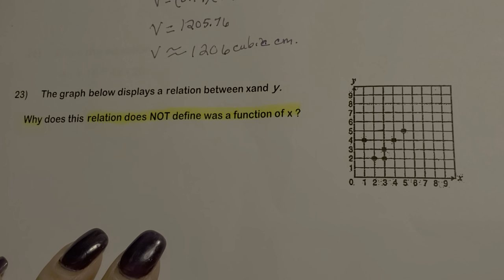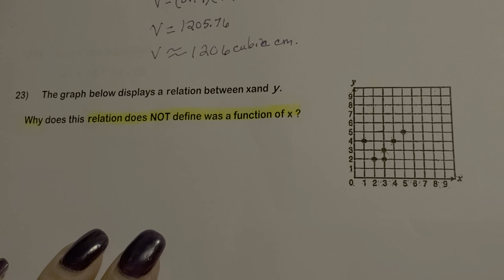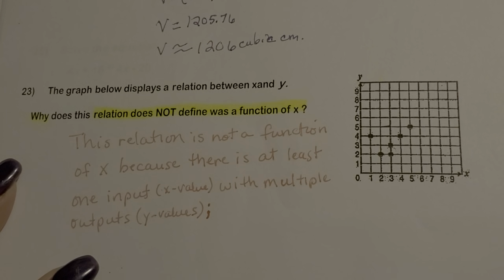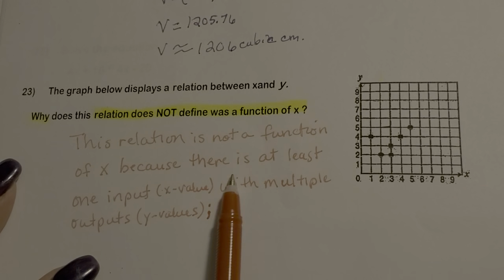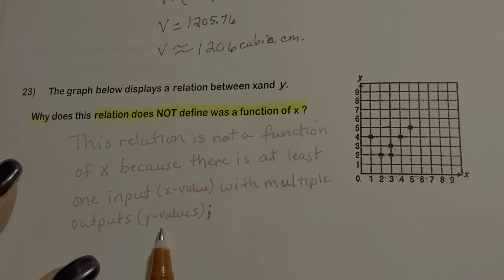This shows us a graph with the display of a relation between x and y. Why does this relation not define y as a function of x? This relation is not a function of x because there is at least one input, or x value, with multiple outputs, or y values.